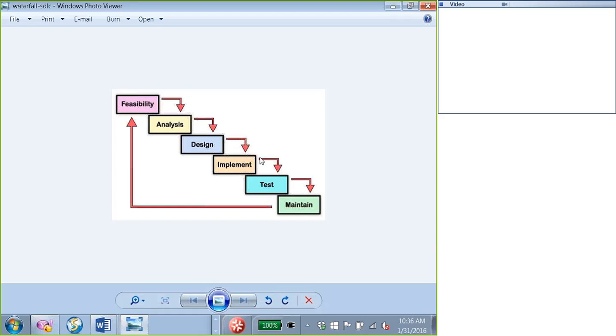The planning and analysis, requirement gathering, design, development, testing, implementation. Nothing has changed. However, when you're implementing a solution using the Waterfall Model, it is a linear model.